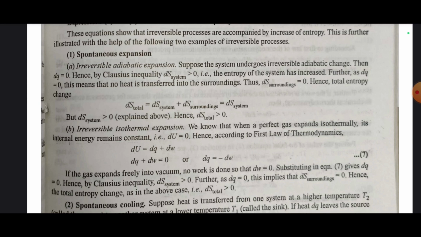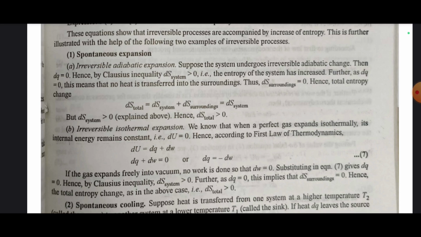That is, the entropy of the system has increased. Further, as dq is equal to 0, this means that no heat is transferred into the surrounding. Thus, dS surrounding is equal to 0. Hence, total entropy change dS total is equal to dS system plus dS surrounding is equal to dS system. But dS system is greater than 0. Hence, dS total is greater than 0.